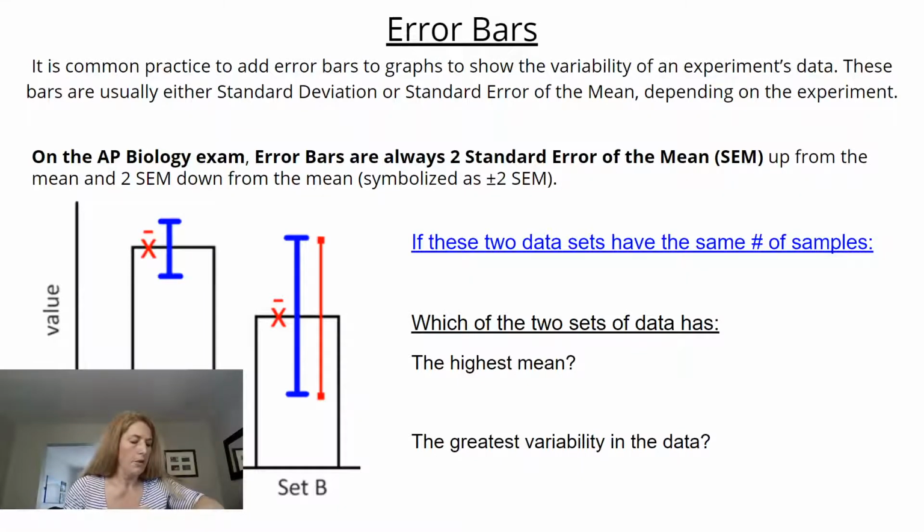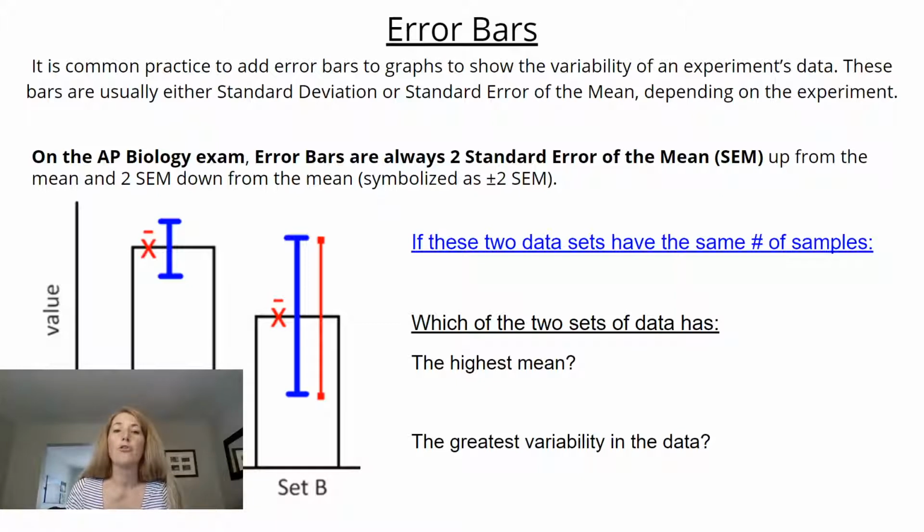What you need to know, and this is really important: if the error bars overlap, if I'm looking at these 2 data sets and they overlap, then it tells you it is not statistically significant that something is causing the difference in their data. If the error bars overlap, you accept the null hypothesis that it's random.